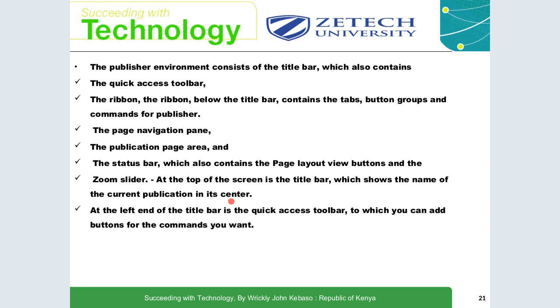Like now, if you are saving frequently, you put the saving button there. If you are always opening files, you can also do that. Then I said that area can be customized. The keyword customization means you can remove and add icons that you want to use frequently.